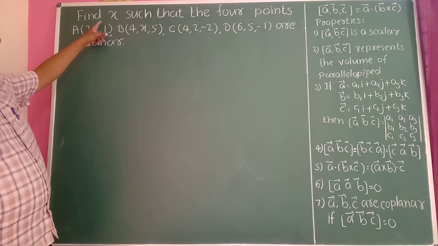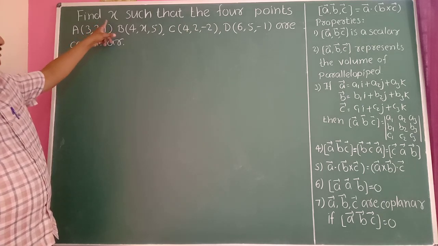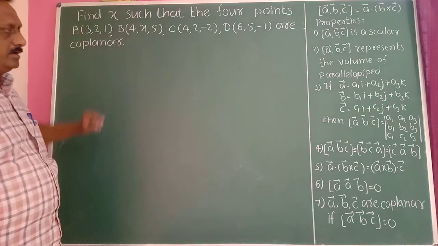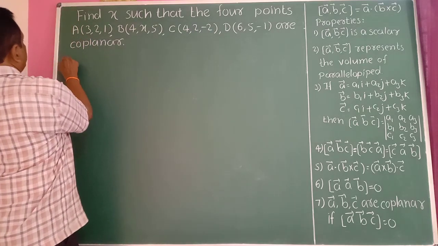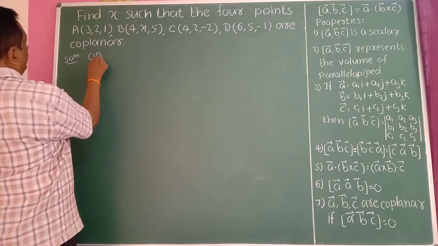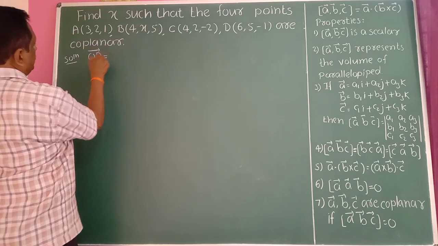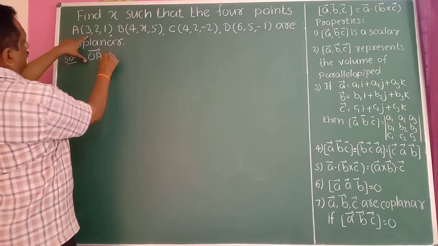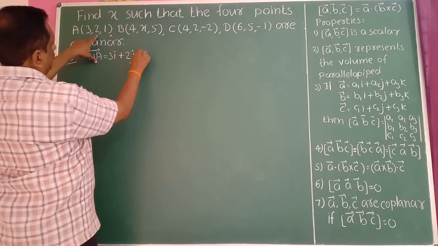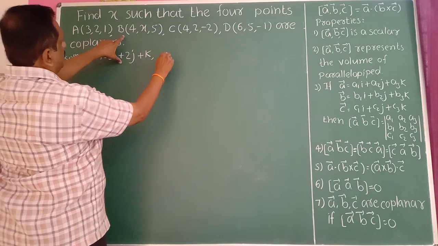Okay. Here, find the value of x so that these 4 points are coplanar. Therefore, first write their position vectors here. So OA is the position vector of the point A, 3i plus 2j plus k.